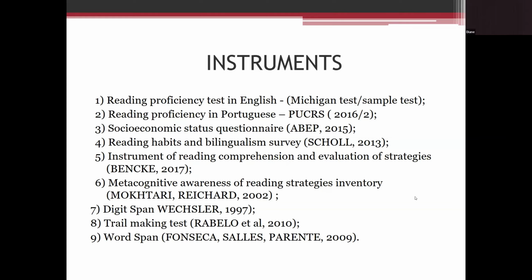And a self-report, a Likert scale questionnaire of metacognitive awareness of reading strategies, made by Mokhtari and Reichard, the researchers from Texas. And 7, 8, and 9 were the executive function tests we have selected for testing executive functions of the participants. Next slide, please.